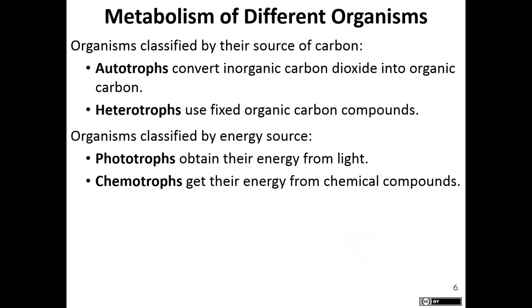We have heterotrophic organisms that gain their carbon from organic compounds like carbohydrates. Organisms that are classified via energy are either going to be classified as phototrophs, which obtain energy from sunlight, or chemotrophs, which gain energy from chemical compounds.